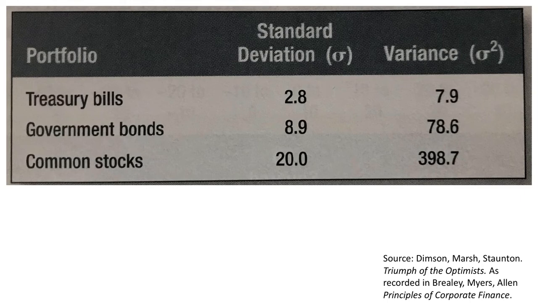If I take 11.3%, my expected annual rate of return, and I add 20% to that, I get 31.3%. And if I take 20% from 11.3%, I get negative 8.7%.